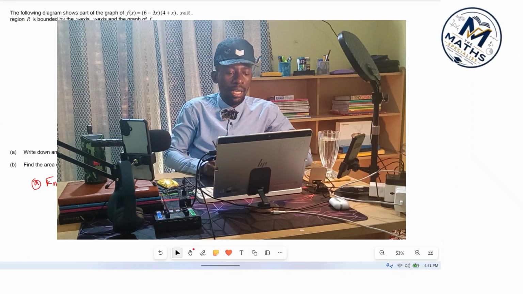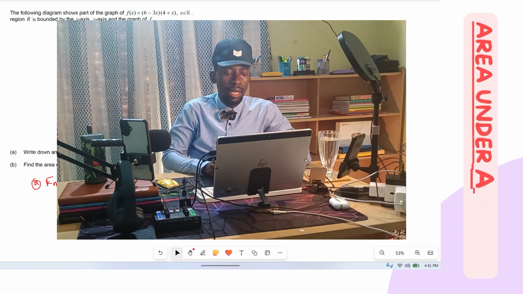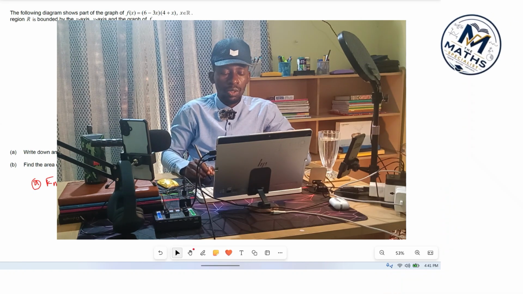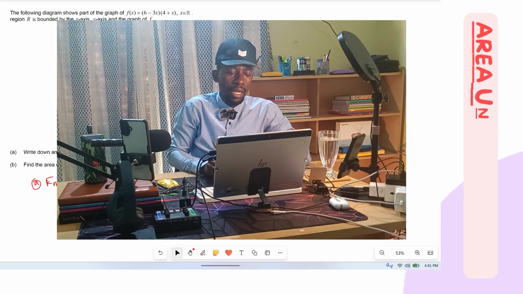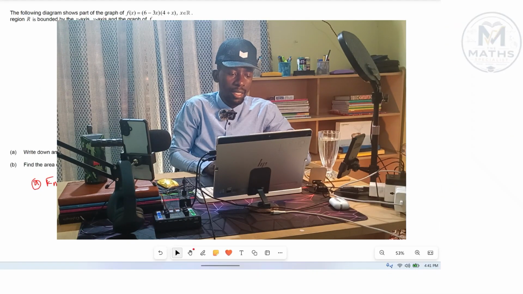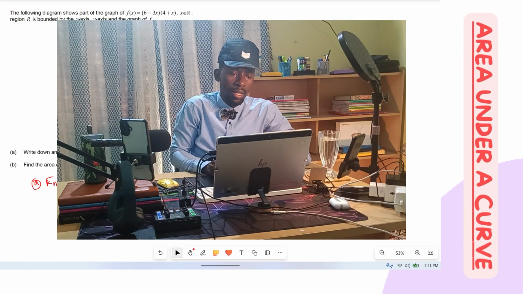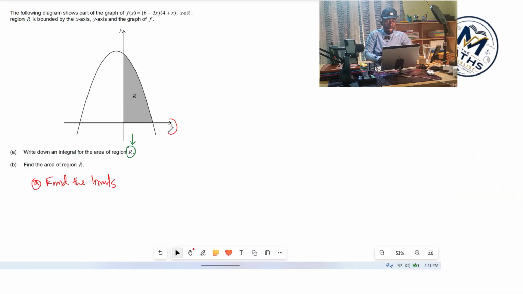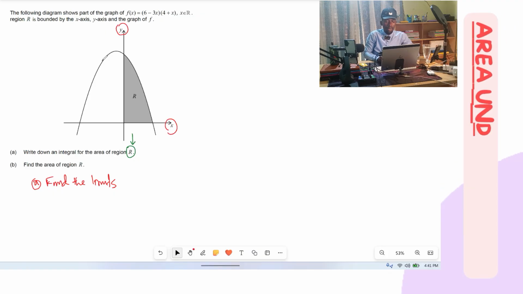So for part A, it says write down the integral of the area. To get the integral of the area, the first thing we need is to find the limits. So this is our x-axis, this is our y-axis, and this one is the graph f.